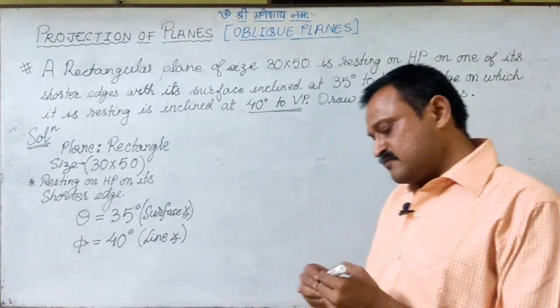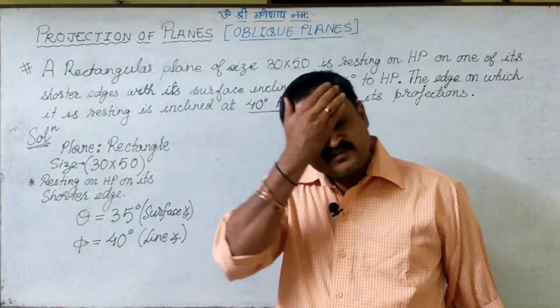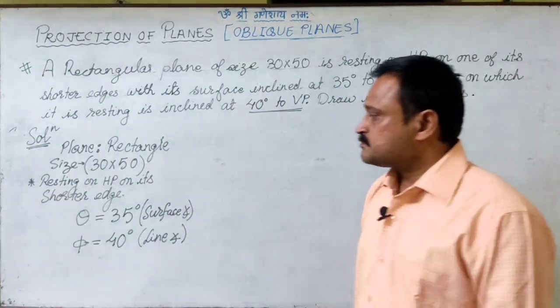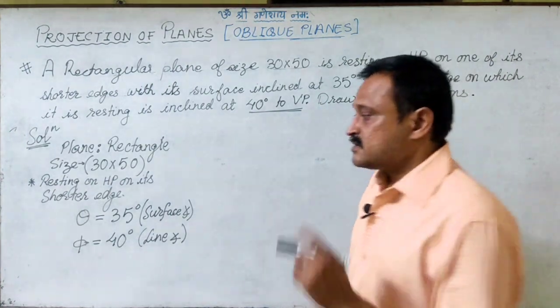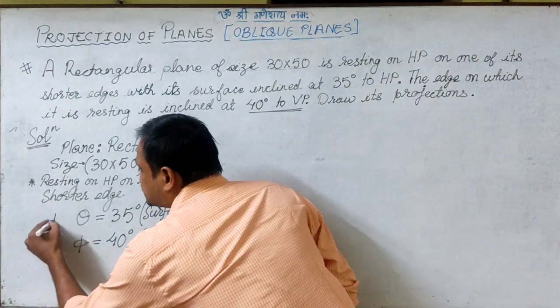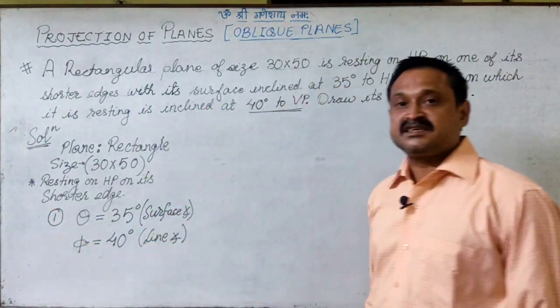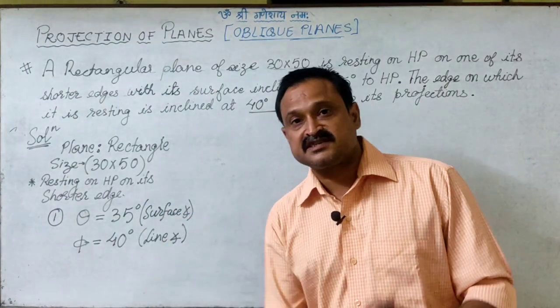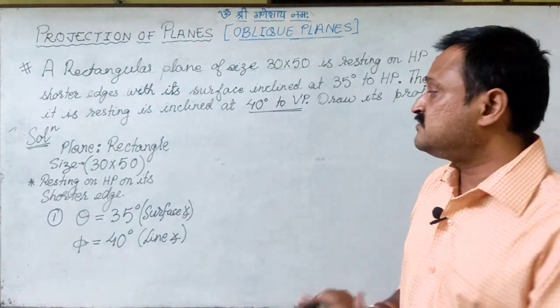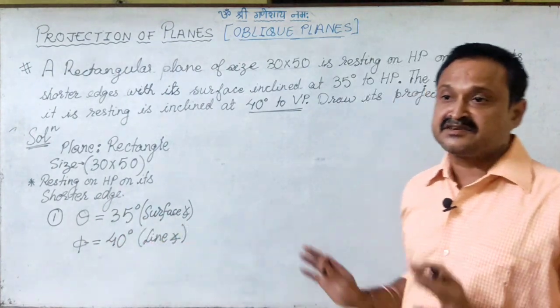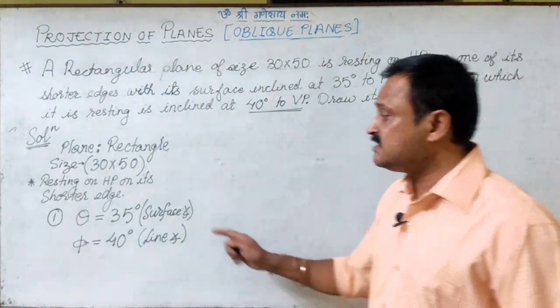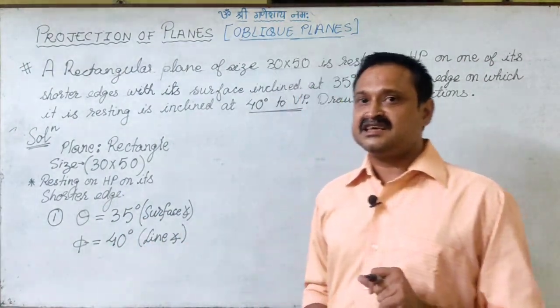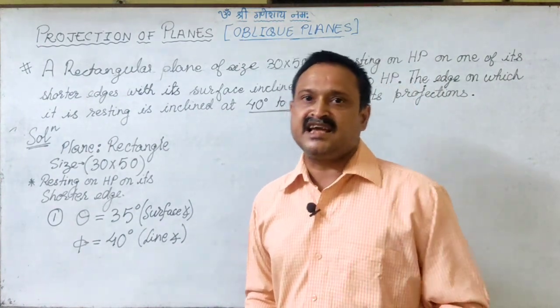So the second inclination is expressed with reference to a line, so it is a line inclination. When we write this data, we will always proceed by putting the first condition as the surface condition. Whatever surface condition we identify, we put in that condition first. That means we deal with the surface inclination first and then the line inclination.